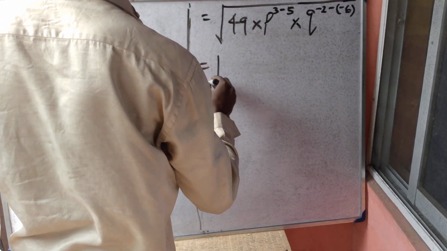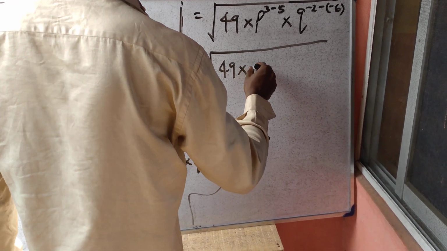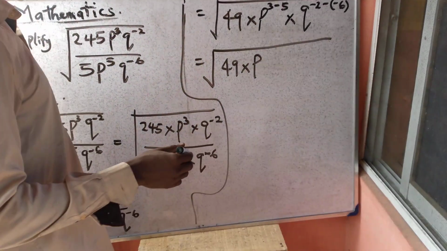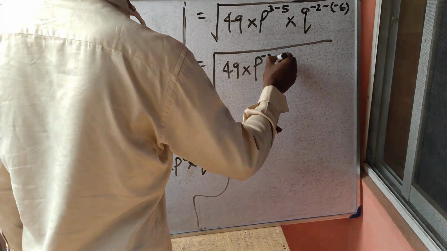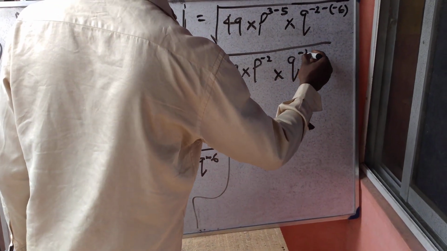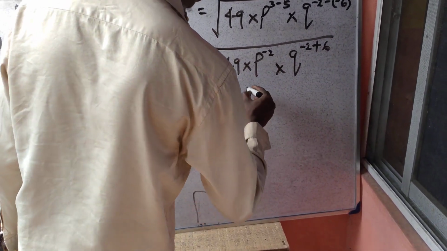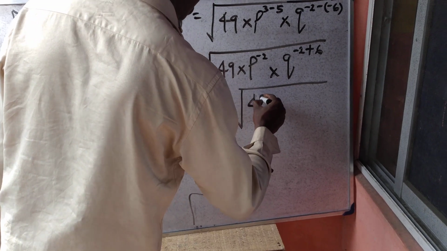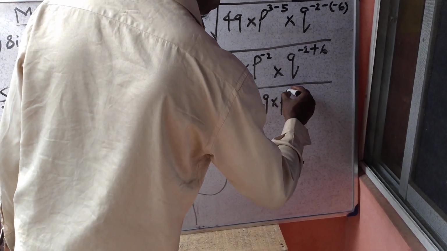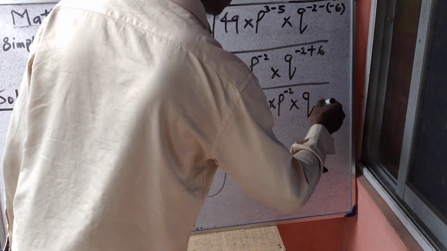Okay, so this is square root of 49 times p raised to power 3 minus 5 is minus 2, minus times minus is plus, so this is q raised to power minus 2 plus 6. This is square root of 49 times p raised to power minus 2 times q raised to power minus 2 plus 6 is 4.